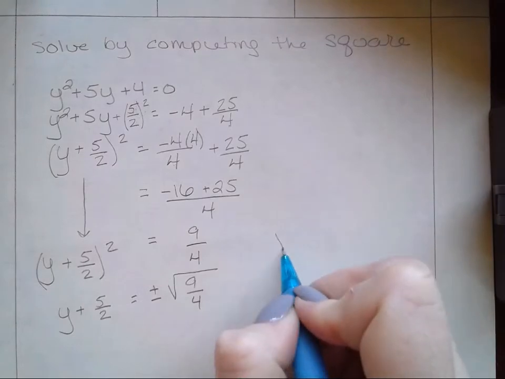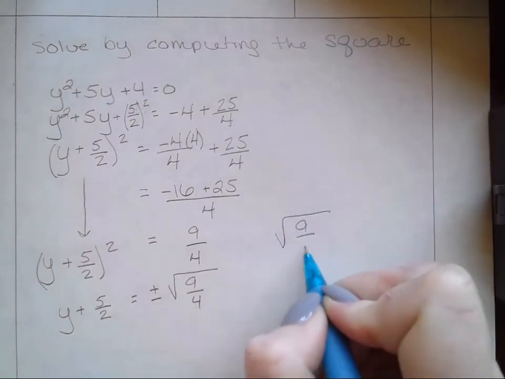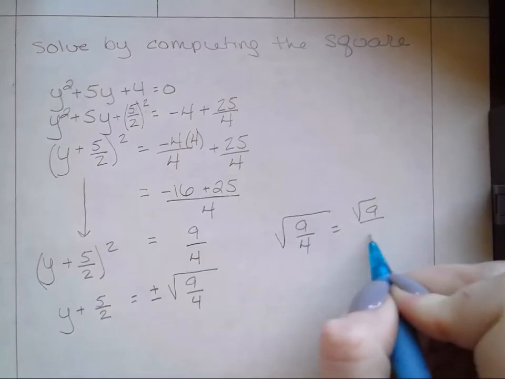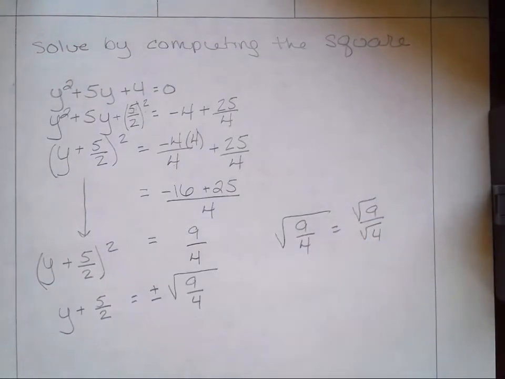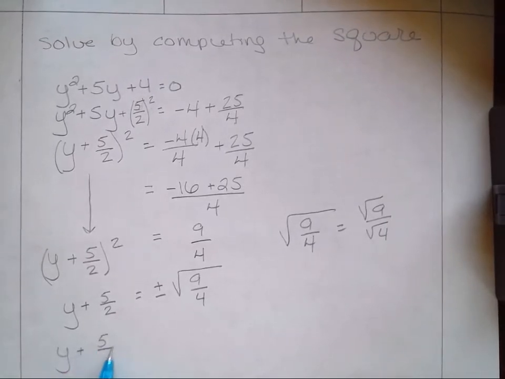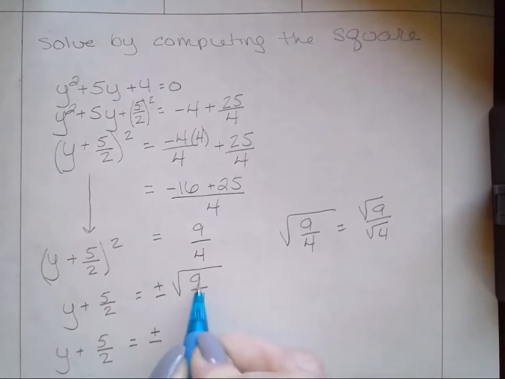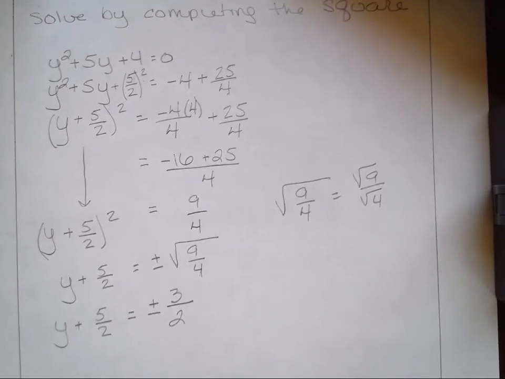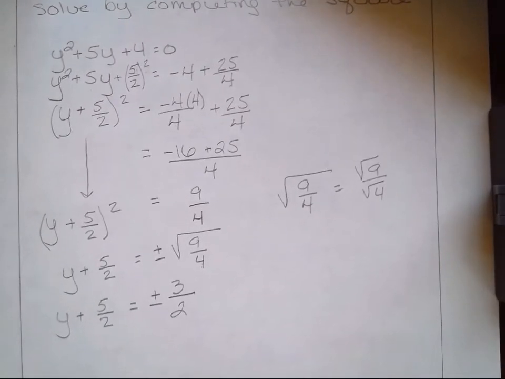Side note, if we remember that the square root of a quotient is equal to the quotient of the square roots. So we have y plus 5 halves is equal to plus or minus the square root of 9 is 3. The square root of 4 is 2. So we have y plus 5 halves is equal to plus or minus 3 halves.